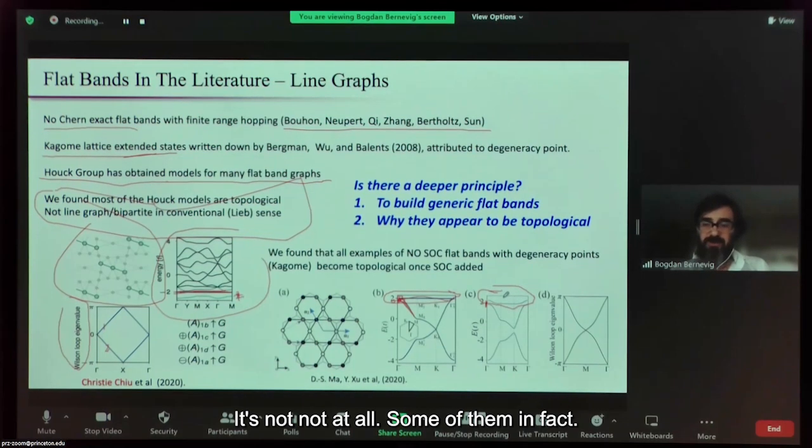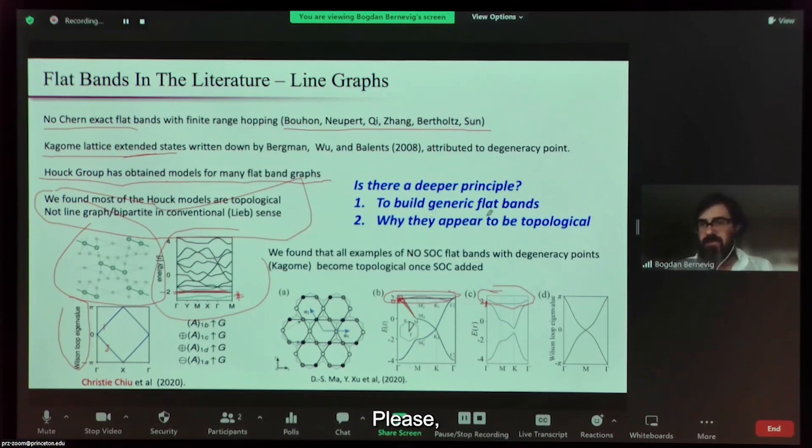But number two, and this is the most remarkable thing, there's only one phase the flat band can be in, and that's a quantum spin-Hall phase. If you keep inversion and you gap the degeneracy point of the Kagome lattice by spin-orbit coupling, you cannot gap it trivially. That's a fundamental thing that you can prove.